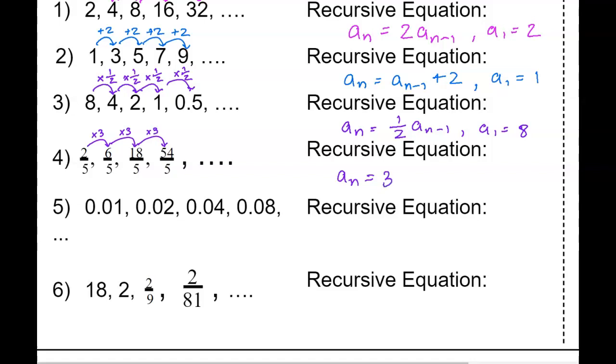And then what goes after the 3? A sub n minus 1. And then after our equation is complete, Oscar, what do we have to state? Beautiful. A sub 1 equals 2/5. Wonderful, guys.